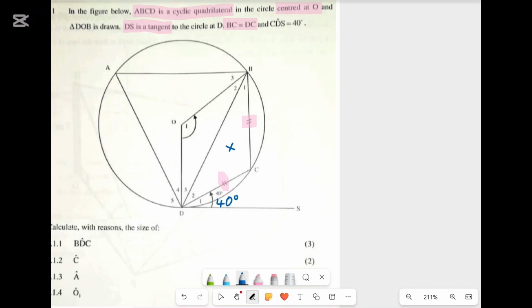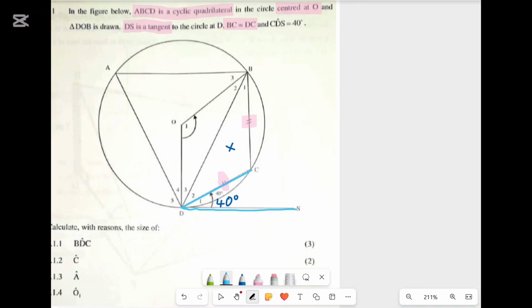That is angle D1. If you look at angle D1, we are told that this is a tangent. So angle D1 is an angle between the tangent and this chord here.